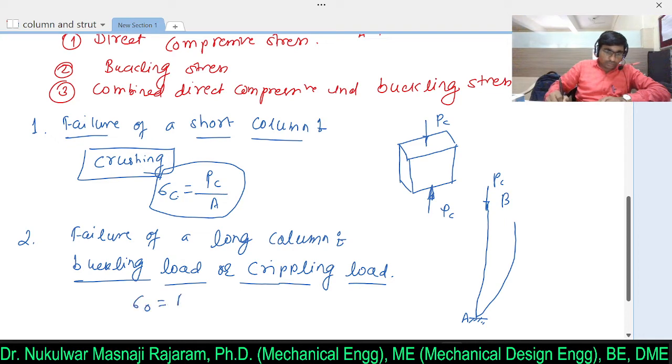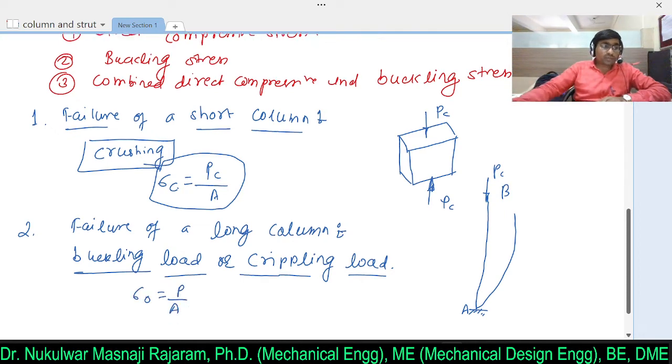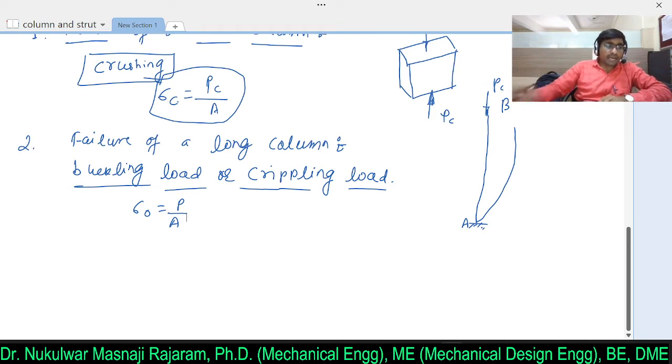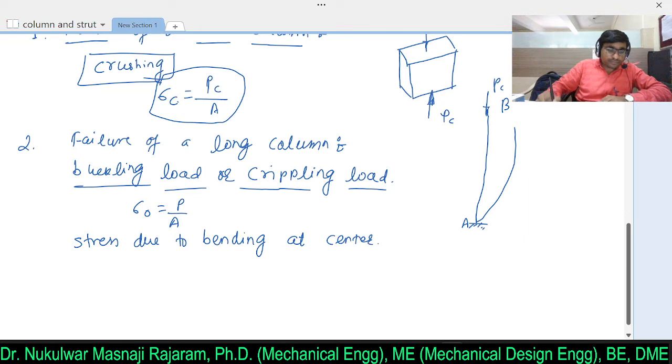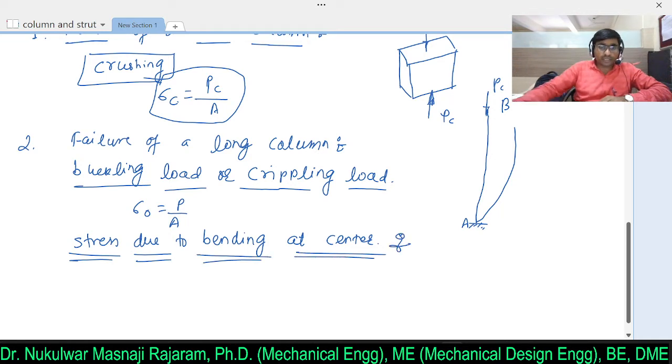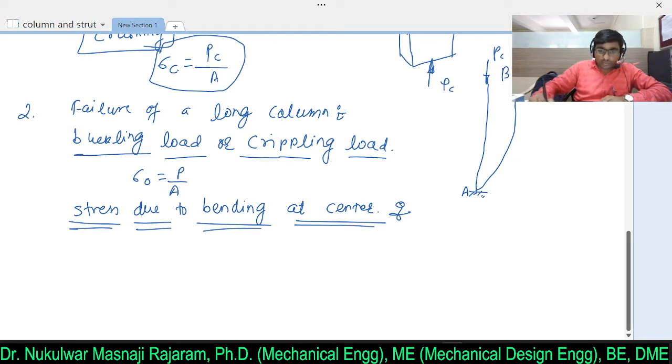So direct stresses will be applicable, and that stress will be sigma 0, that is P by A. Now, stress due to bending at the center. So what we need to evaluate is the stress due to bending at the center. When you want to evaluate this phenomenon, I will consider one column over here.